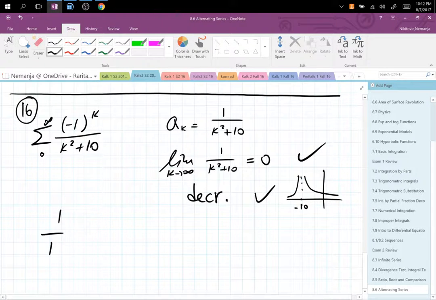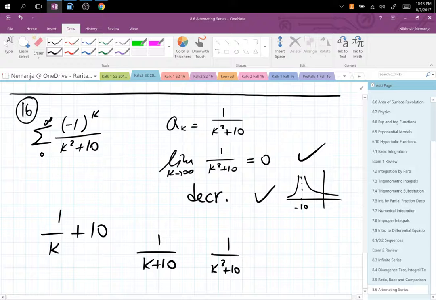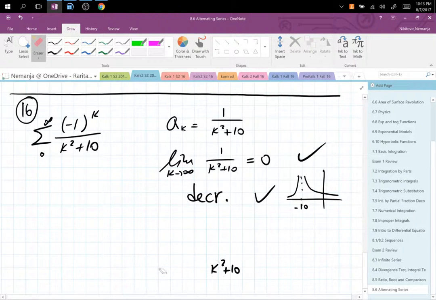If it's like this, you go 10 up. If it's like this, you go 10 to the right. If it's like this, you're still going left and right, but it's a different value because of the square. But the point is it's still decreasing, because it has the form of 1 over x squared. As long as it has the form of 1 over x squared, we're good.